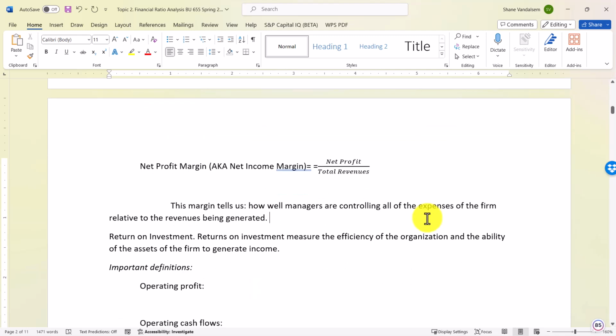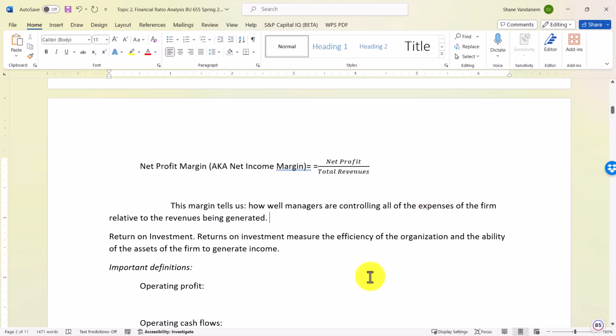And so those expenses would include all of the operating expenses, the cost of goods sold, the interest expense, the taxes that are being paid out, everything, taking us to the bottom of that income statement for our net profit or our net income number.